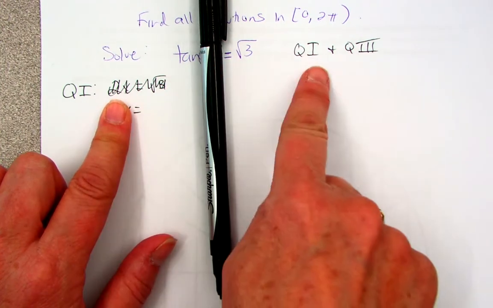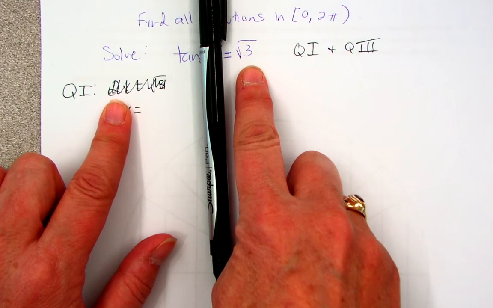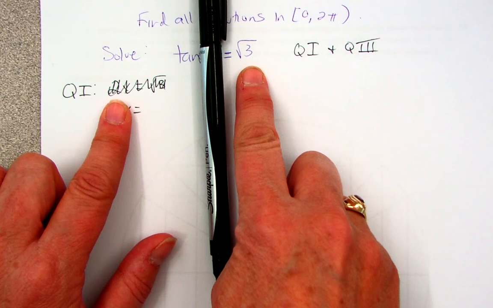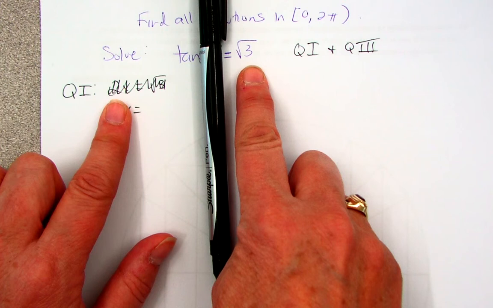So what in quadrant 1 is tangent going to be square root of 3? Is that pi over 6 or pi over 3? It's pi over 3.